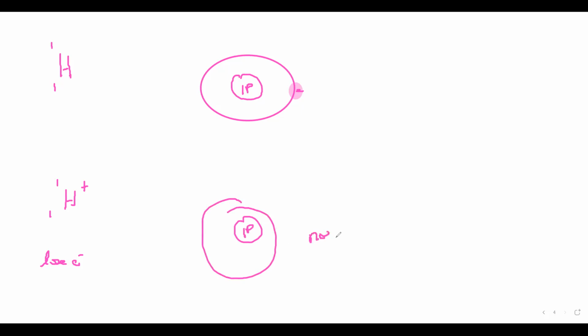That is why another name for hydrogen plus charge is proton. Instead of saying hydrogen ion, we call it a proton, because a hydrogen atom has one proton and one electron, but hydrogen plus has no electron, only a proton. That's why we say acids are hydrogen ion donors, or acids are proton donors.